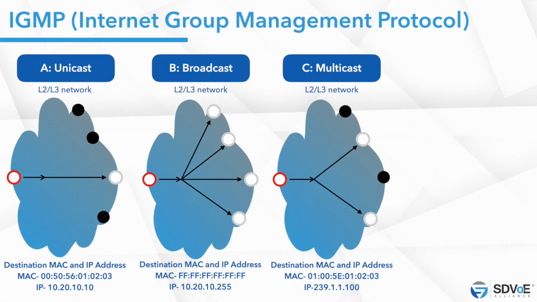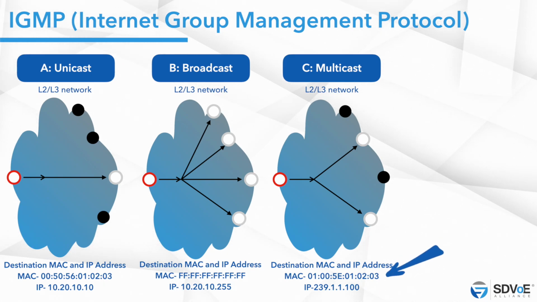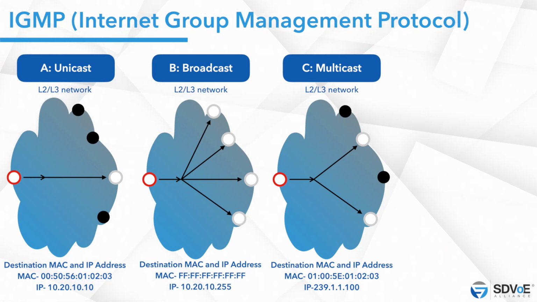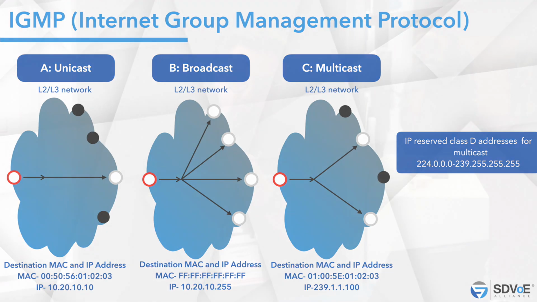So look at how multicast is working. First, you have multicast MAC addresses that always use the same first octets, 01005E. And then you have those multicast IP addresses that look very different from unicast. This is called the class D. It's ranging from 224.0.0.0 all the way up to 239.255.255.255.